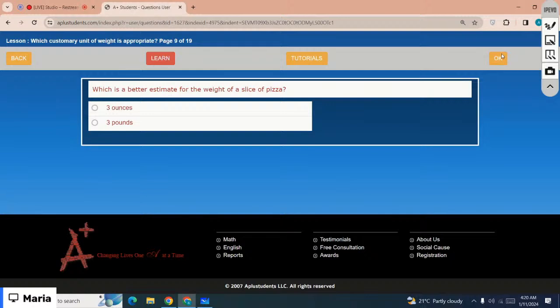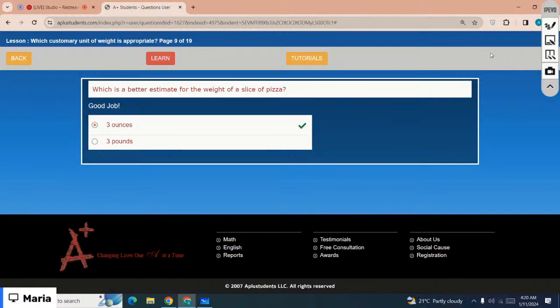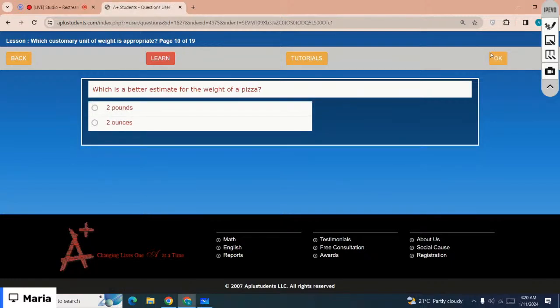That is a slice of pizza. So it must be 3 ounces. The correct option is 3 ounces. 3 pounds is too much for the slice of pizza. Okay, you can complete the lesson by yourself later today. We just move on to the next lesson.